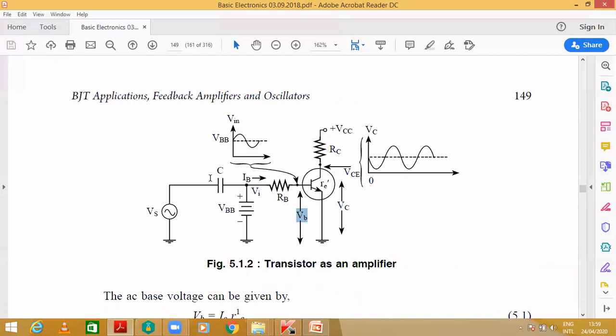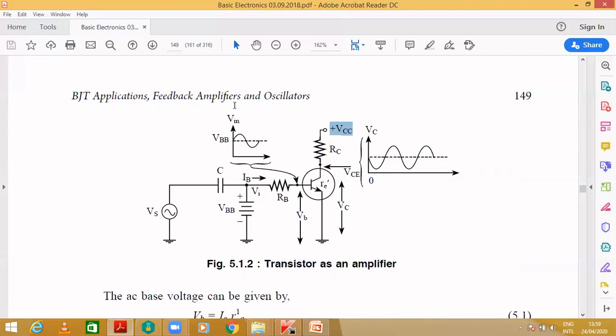That's why. Then it is followed by the resistance. RB is nothing but the base resistance. RC is nothing but the collector resistance. Then plus VCC. Why do we need plus VCC? It is a DC supply in order to make the transistor act as an amplifier, which means you have to maintain the operating point in the active region.